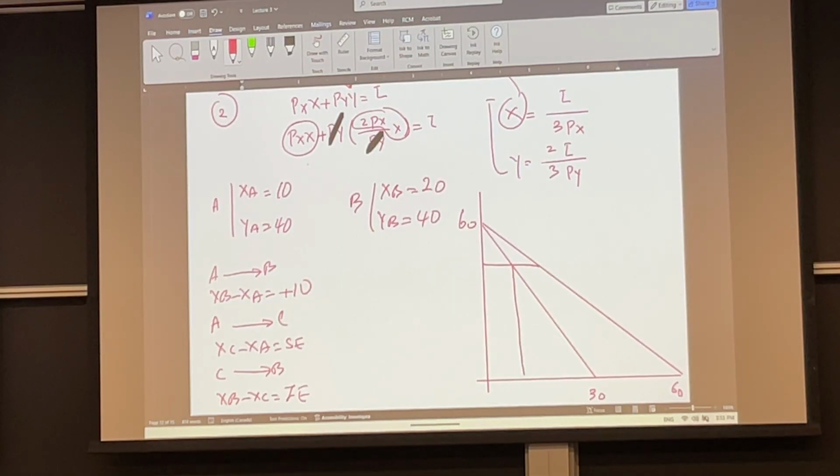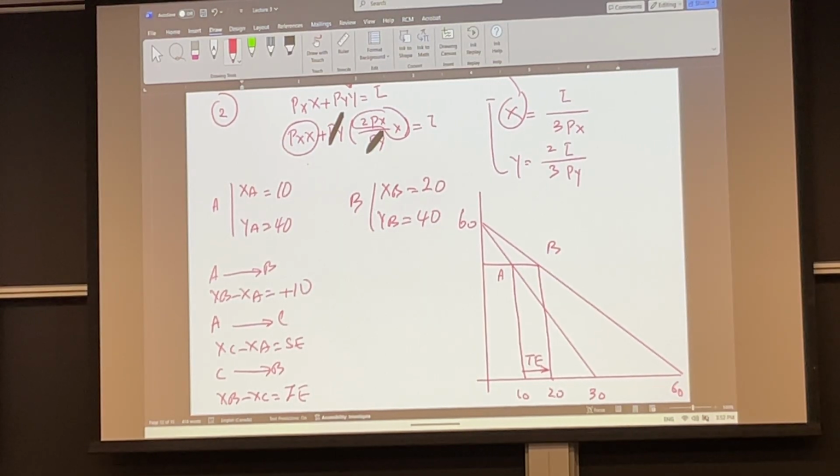Initially 10, 10, 20. That was A. That was B. That is the total effect. Right? Make sense? That's a total effect which we need to decompose. Okay? What's the next step?